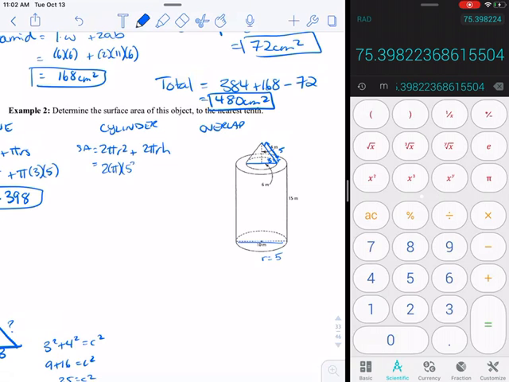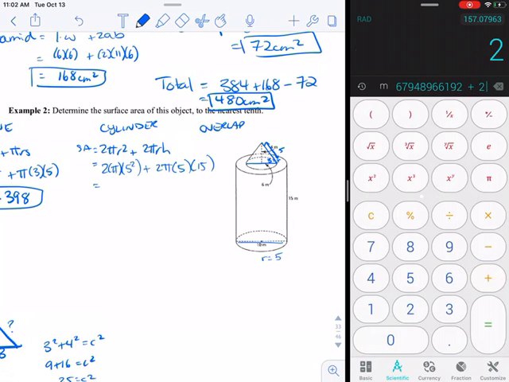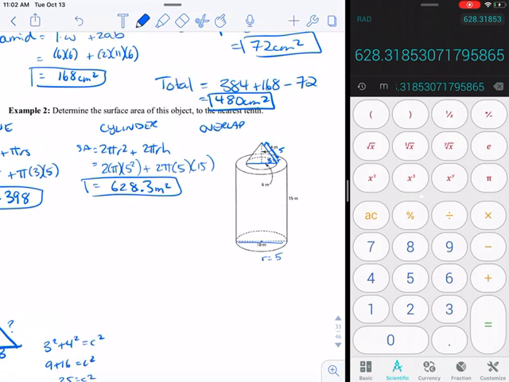So we're going to use 2 pi times 5 squared plus 2 pi times 5 times the height of 15. So this one in total has a surface area of 628.3 meters squared. Now we need to figure out the overlap.